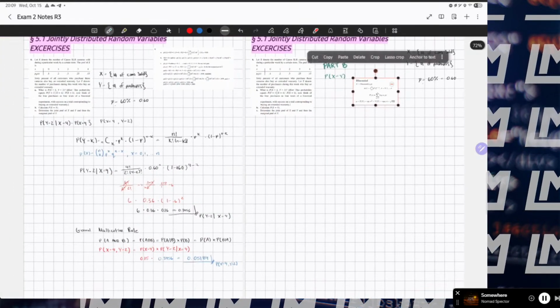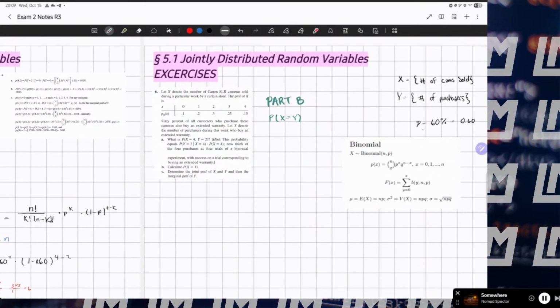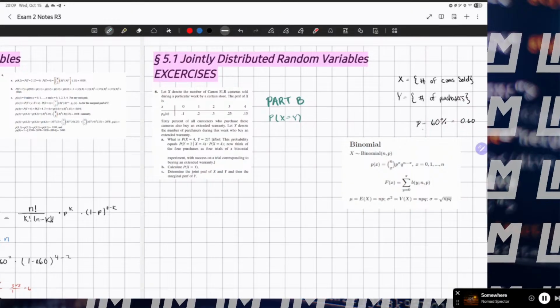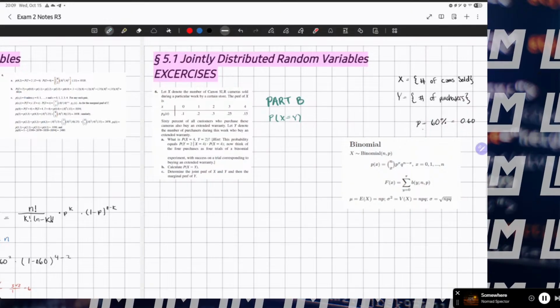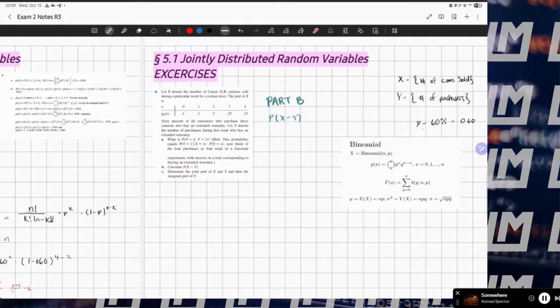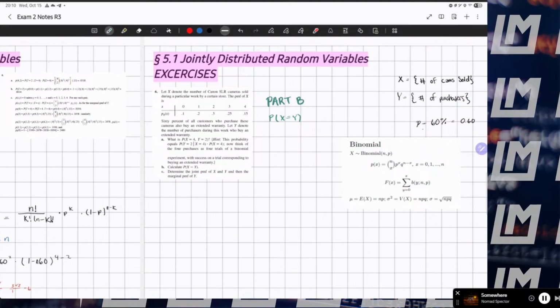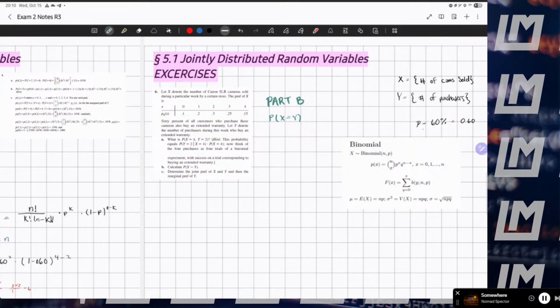So right here, this is the binomial formula that's on the sheet. And that's what we were using. So using that same formula, it's asking to calculate for when p equals x equals y.